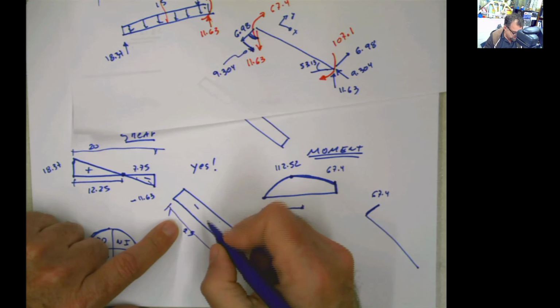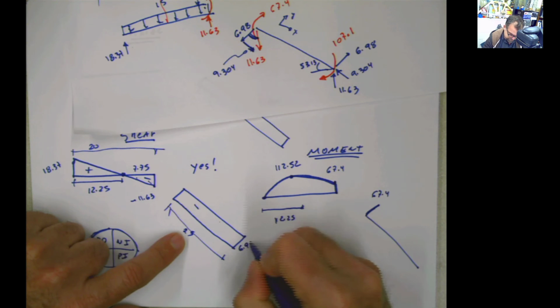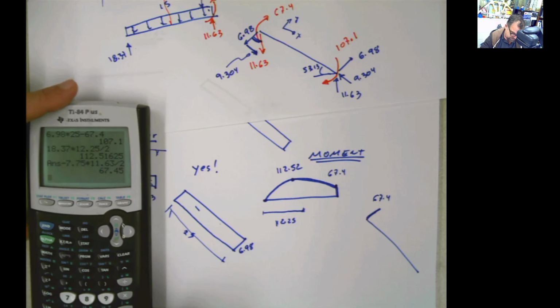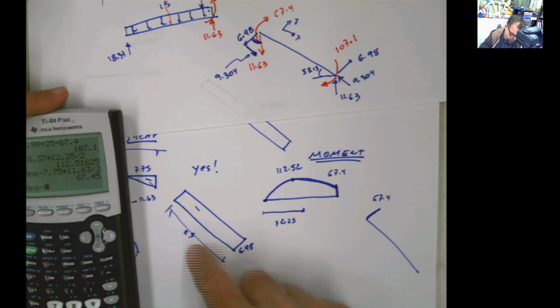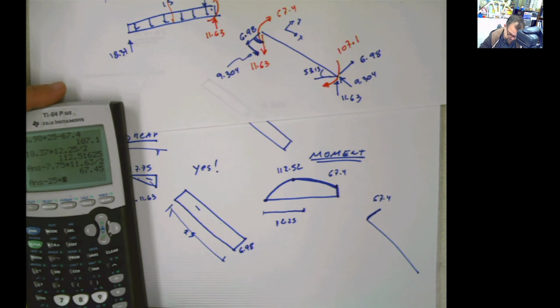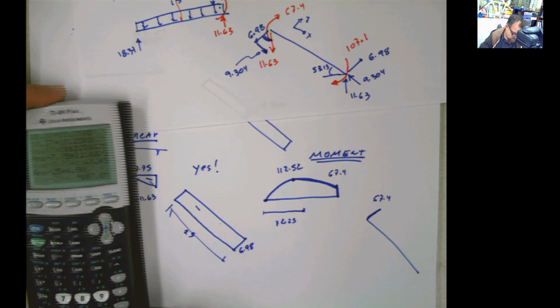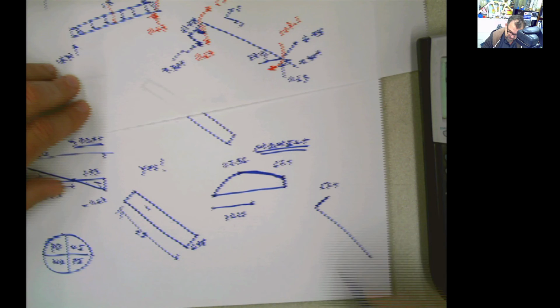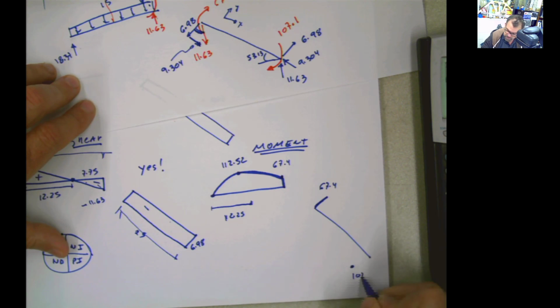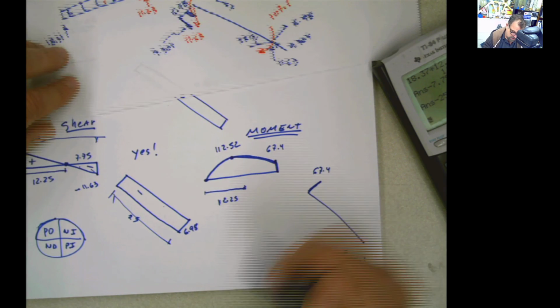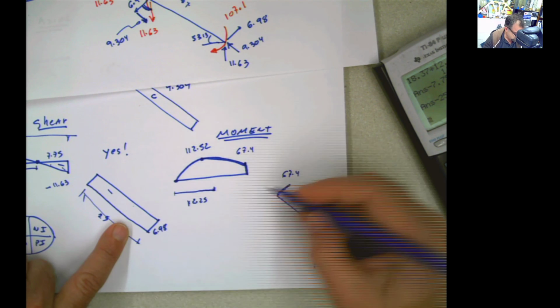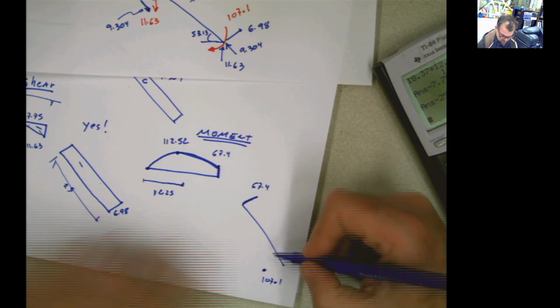And this value was 6.98. So it's going to be 67.4 positive minus 25 times 6.98, and that's 107.05. So negative 107.1, and this is a straight line here, meaning this part from here to here is going to be constant.